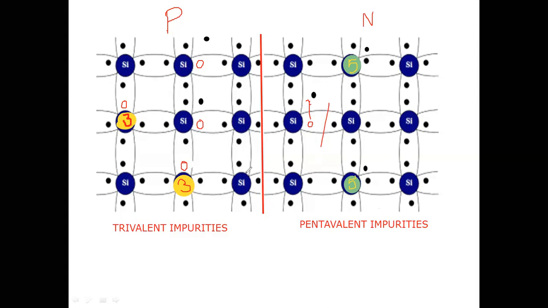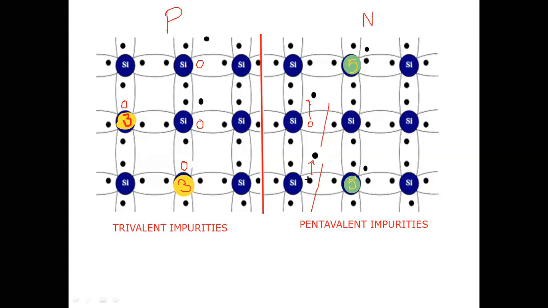Likewise, for example, let us take another silicon atom. Let us take this silicon atom. For example, this bond is also broken due to the rising temperature. So what will happen? The electron comes outside here. When the electron comes outside, it will leave a vacant space in its initial position.